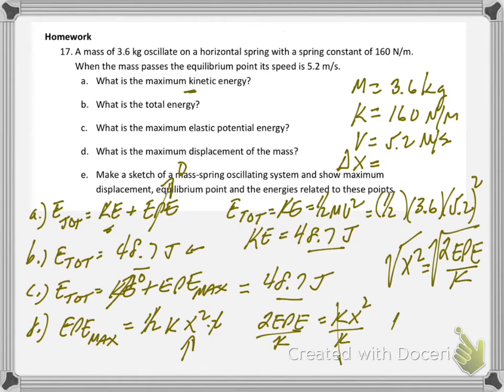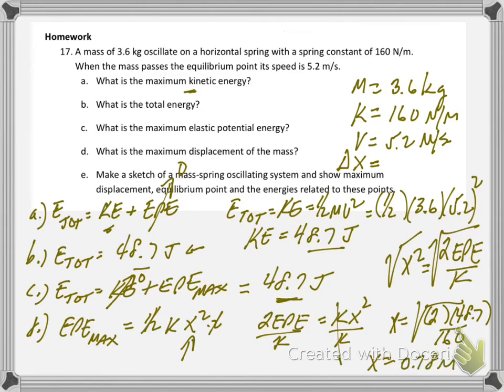So now we're left with x equals the square root of 2 times our EPE, which we said was 48.7, over our spring constant, which is 160. And when you solve it, our displacement is going to be 0.78 meters.